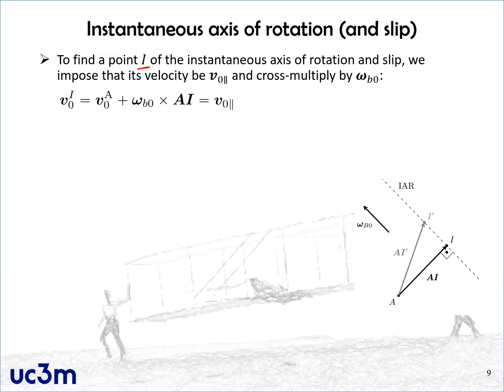Basically, the condition that we have to apply is that its velocity is minimum. In other words, we have to equate its velocity in the expression with the parallel velocity. Now, what we are going to do is to cross multiply this equation by omega. So if we do that, we get this equation.